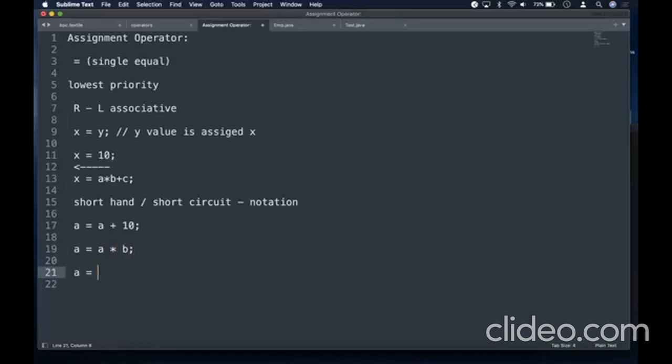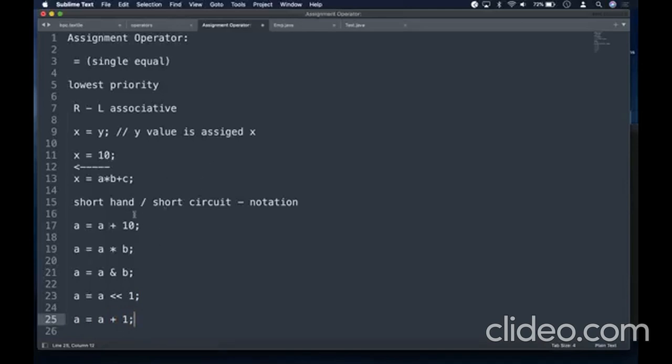For example, a equal to a and b, so bitwise and actually. And I can have shift operators also. So a equal to a left shift by 1, which we will discuss. And one more, a equal to a plus 1.